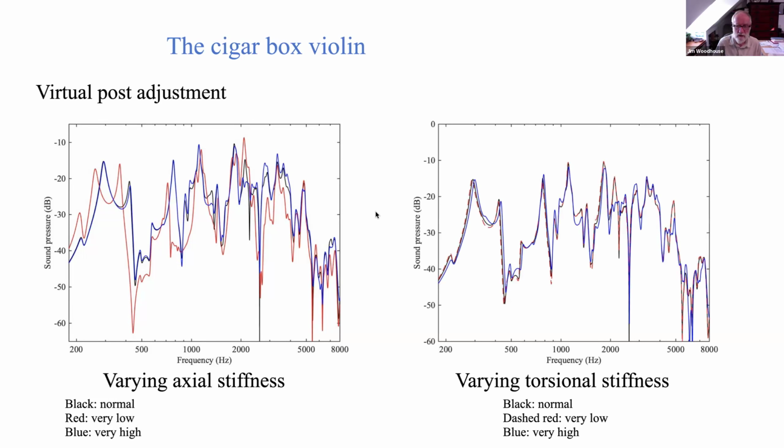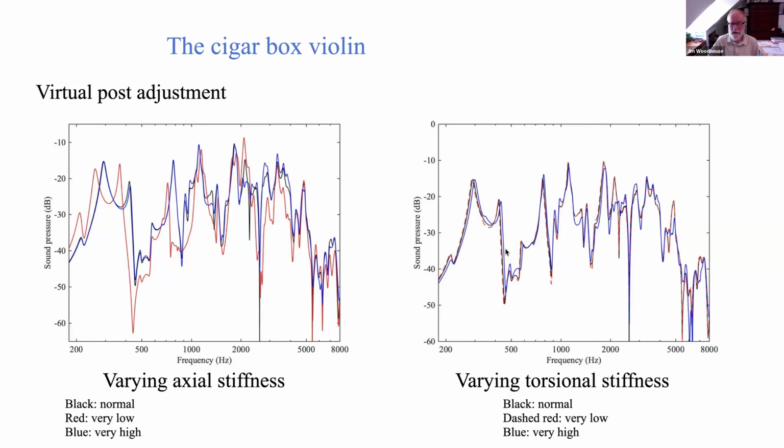If we adjust that torsion spring stiffness, now it's the same color code. The black one, which you can hardly see, is the best estimate of the real thing. The blue one is so high that it might as well be rigid. The red one is actually so low that it might as well be 0.